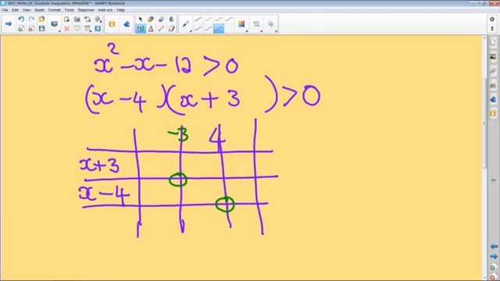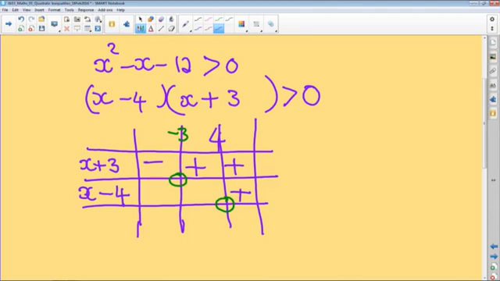If I take a 5, that's 5 plus 3, that's a plus. And between minus 3 and 4, I put a 2, 2 plus 3, that's a plus. But if I take numbers less than minus 3, say for instance minus 5, minus 5 plus 3 is negative 2. So you get a negative. And with this one, you will have a plus, because if I put a 5 here, 5 minus 4, you get a plus 1.